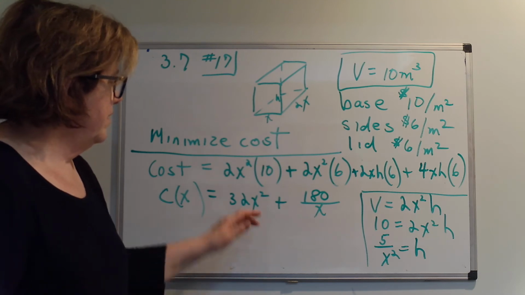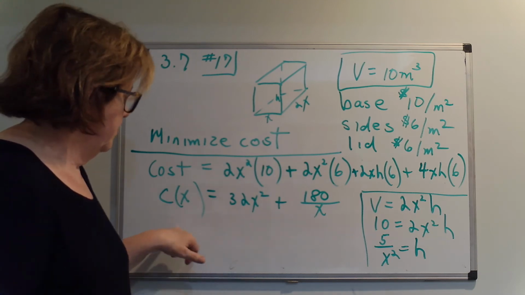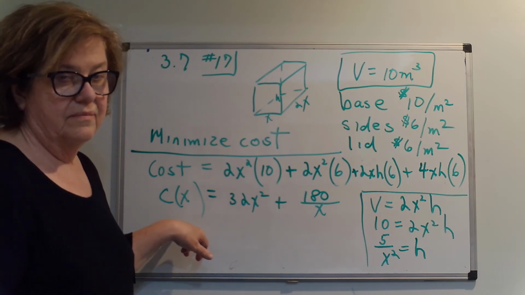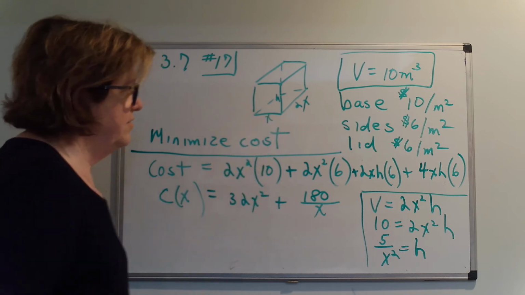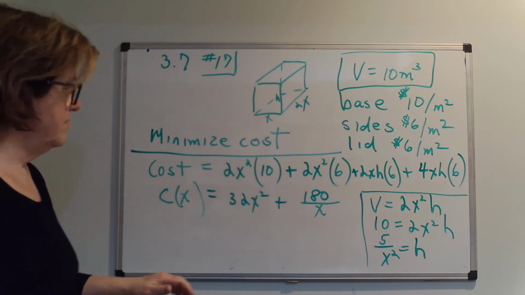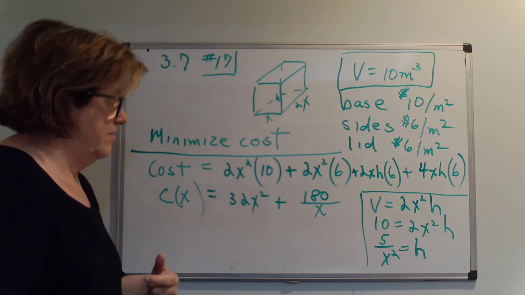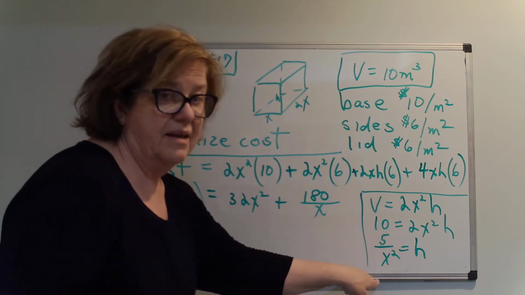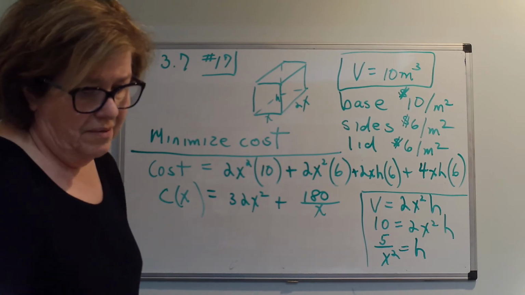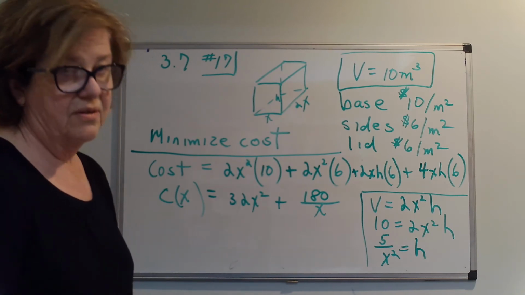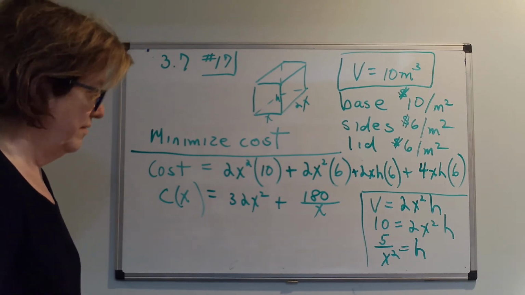So we want to get the smallest possible cost. We need to figure out what x has to be to get the smallest possible cost. Once we get x, then we can get h, so we know exactly what we're building. But notice the problem says find the cost for the cheapest such container.